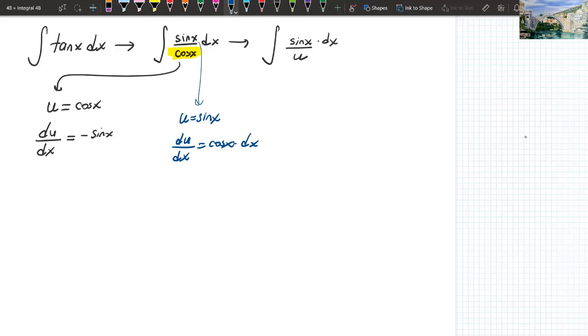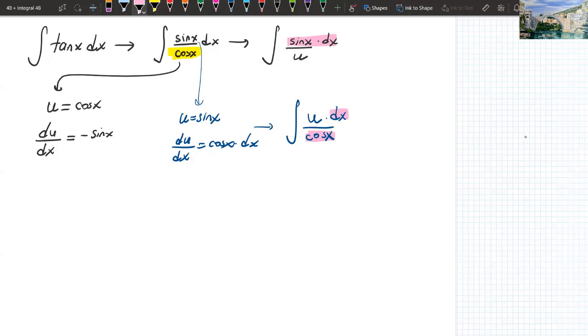The second option: we said that u is sine x, dx is here, and cosine x is there. We have two different options. In the first option, you need to replace sine x times dx. In the second option, you need to replace dx over cosine x.